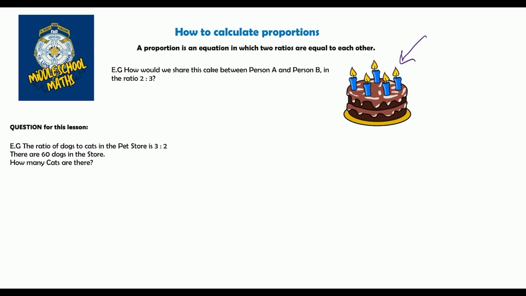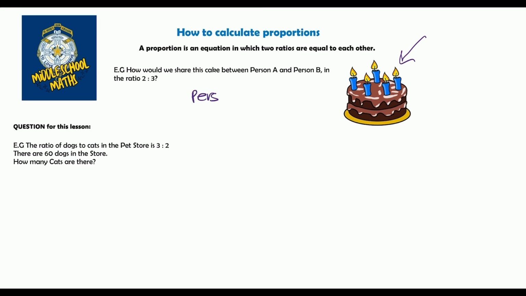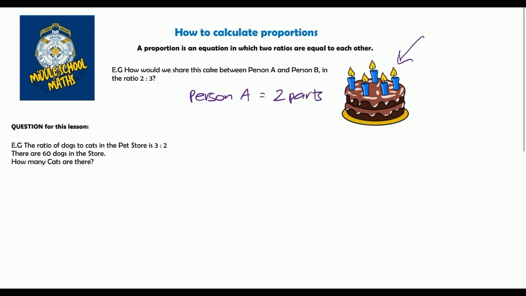So we know that person A is going to be receiving 2 parts of the cake, and we know that person B is going to be receiving 3 parts of the cake. So that means that we're going to need to figure out how many parts to split the cake into, or how many pieces.